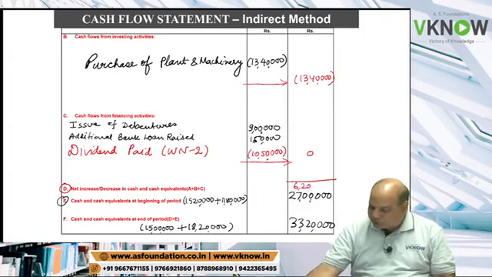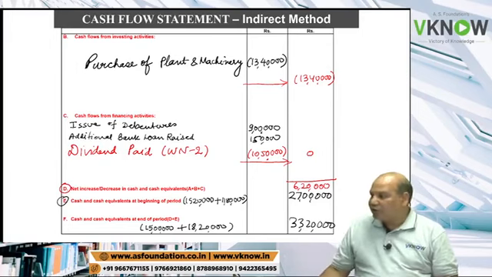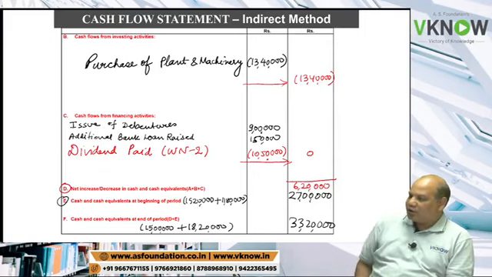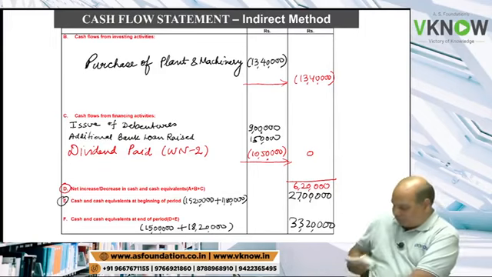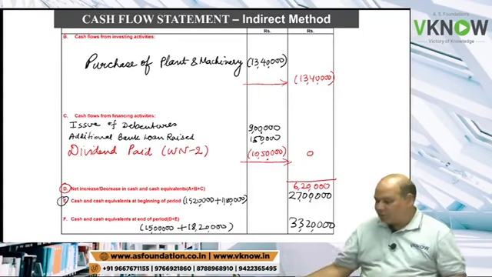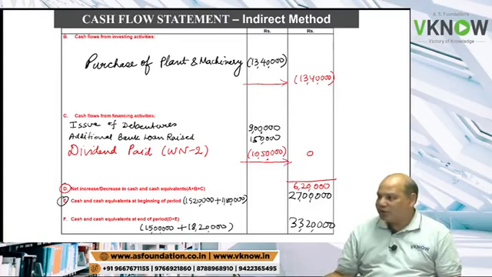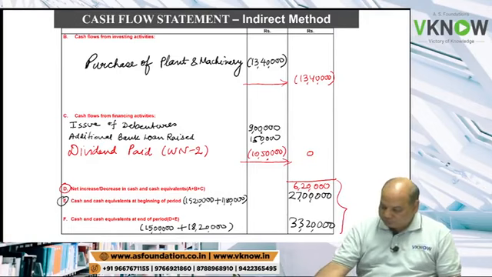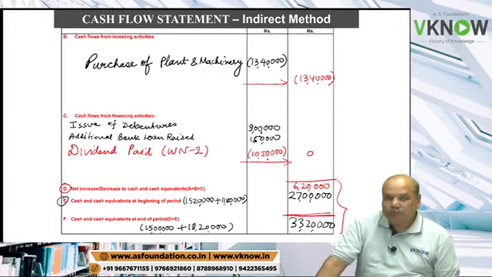It should be 6 lakh 20,000, then only it will tally. Surya, are you getting 6 lakh 20,000? Tanya, are you getting 6 lakh 20,000? Is the total automatically tallying here? Yes. Everybody should check.